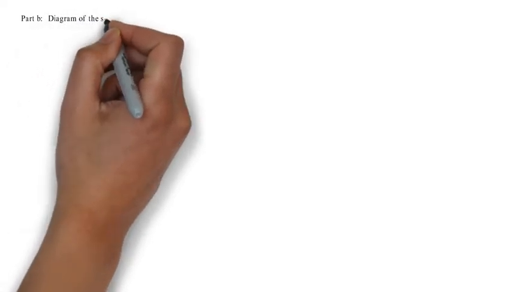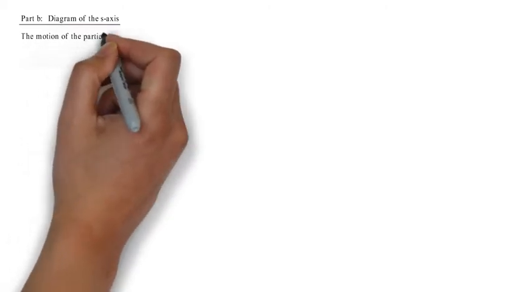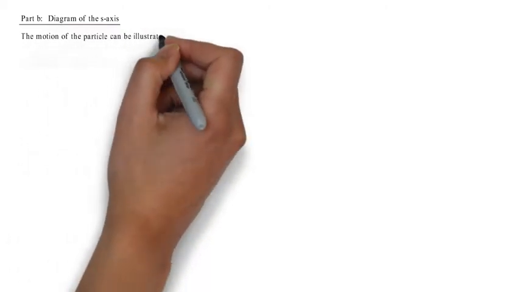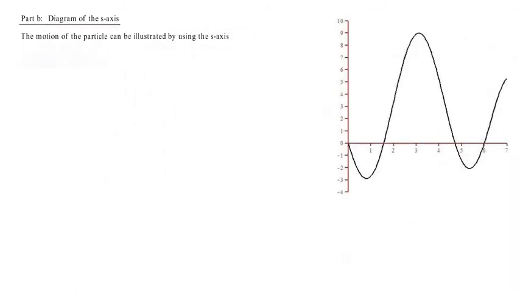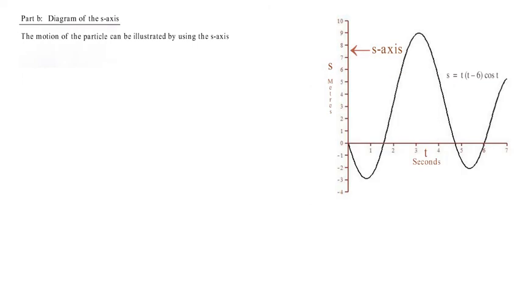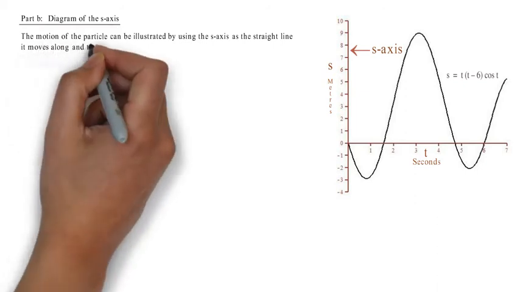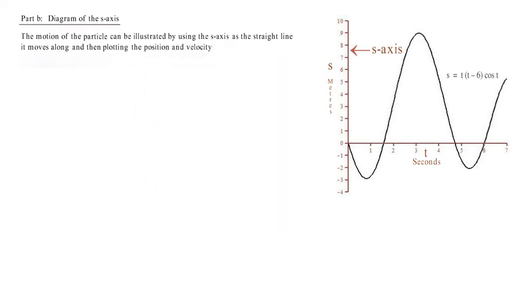Part B. Diagram of the s-axis. The motion of the particle can be illustrated by using the s-axis as the straight line it moves along and then plotting the position and velocity of the particle on it.